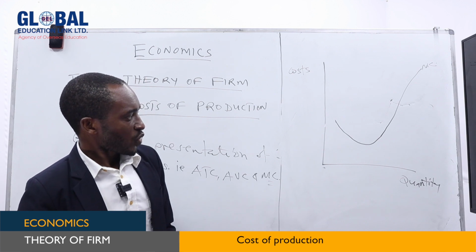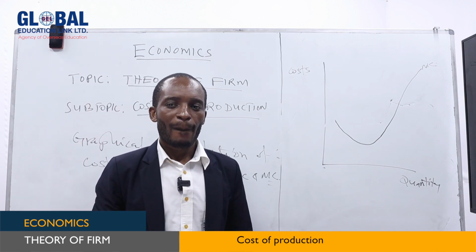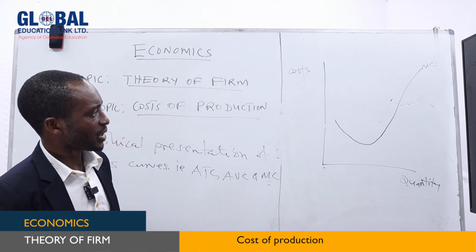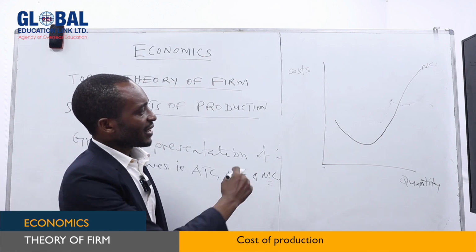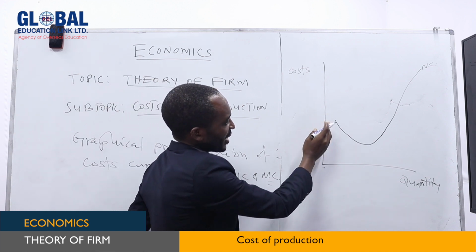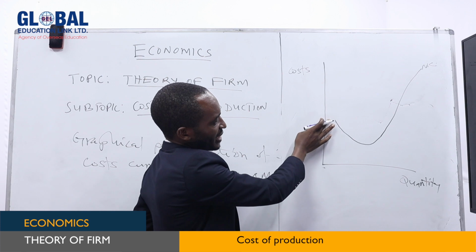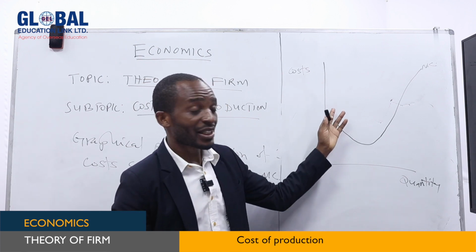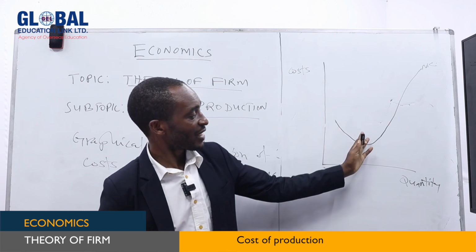Then you can draw the average total cost. The average total cost will be greater than marginal cost. So at the beginning, when the marginal cost is declining, the average total cost will also be declining, but will be above the marginal cost.